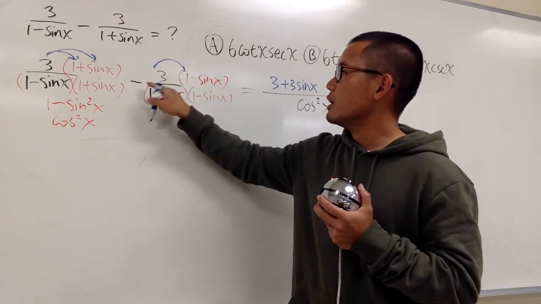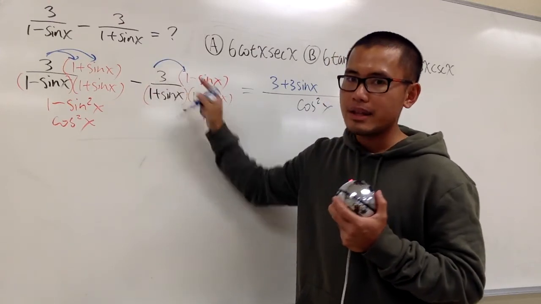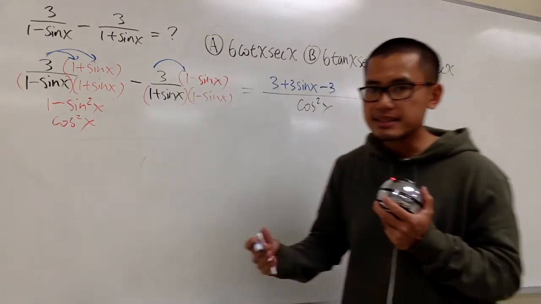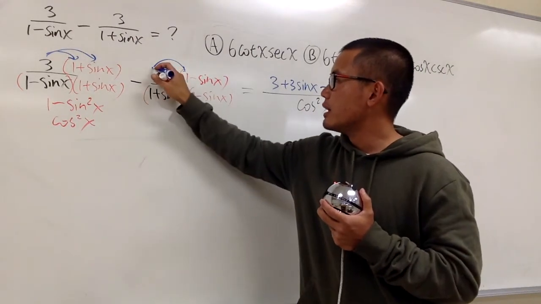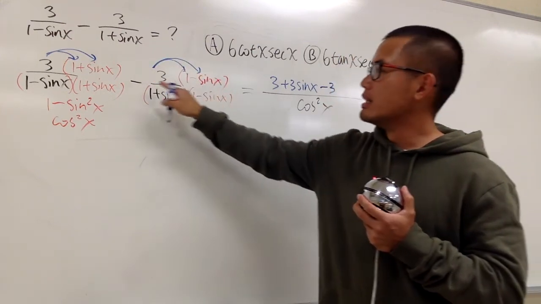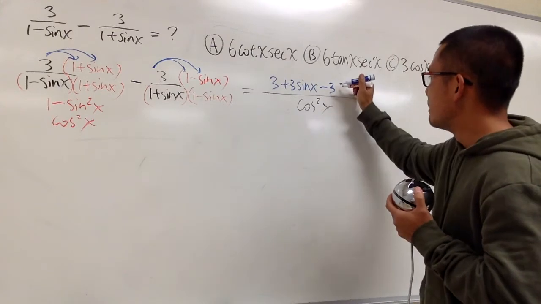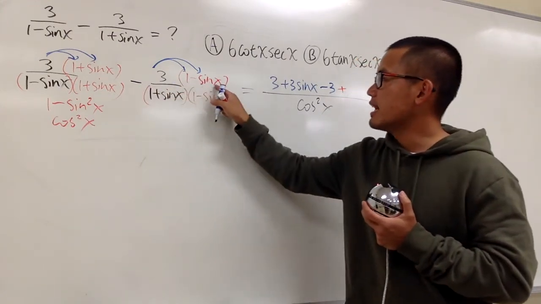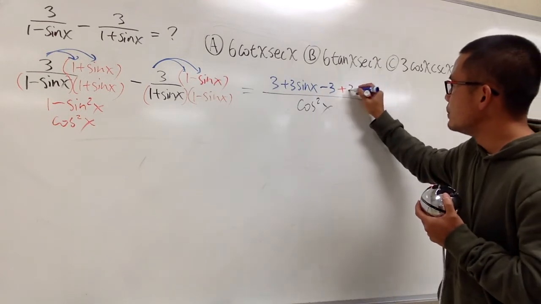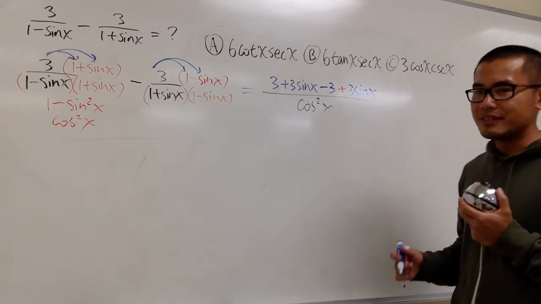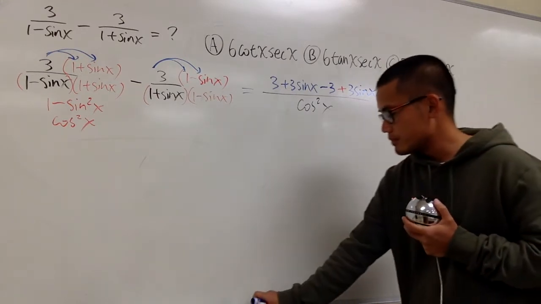Be sure it's negative 3 times 1, which will end up negative 3. And next, we take negative 3 times negative sin x. Negative times negative becomes plus, right? Negative 3 times negative sin x becomes plus 3 sine x. And this is what we have now, and we'll continue.